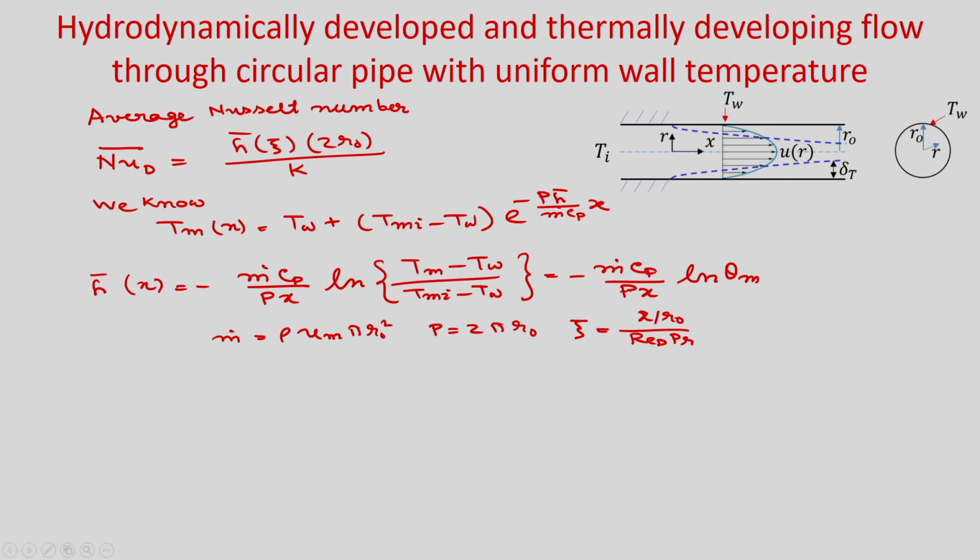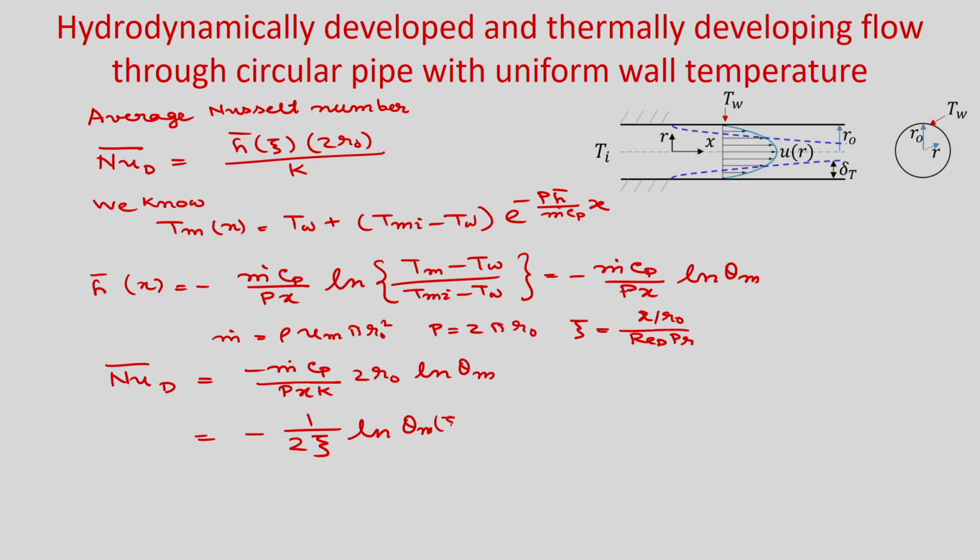So, if you rearrange it and put it here, this Nusselt number you are going to get minus m dot C p divided by P x k twice r naught into ln theta m, and after rearrangement you will get as minus 1 by 2 xi ln theta m.